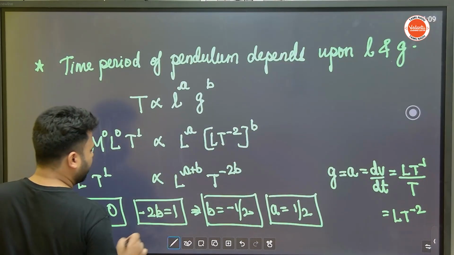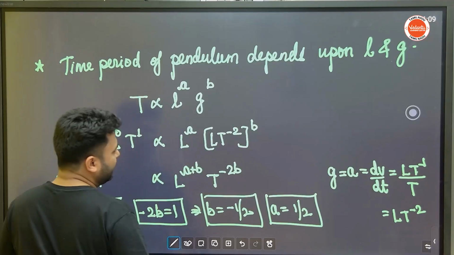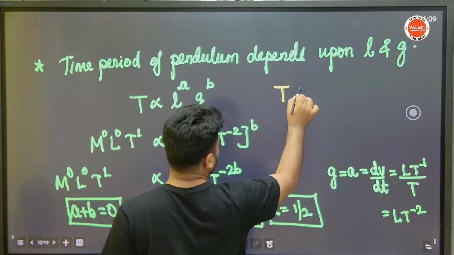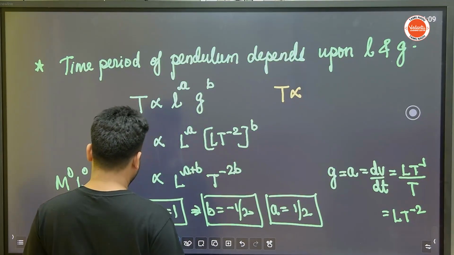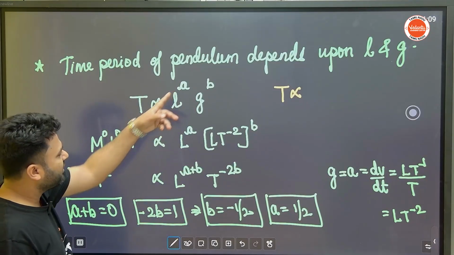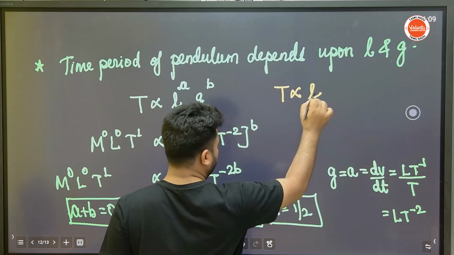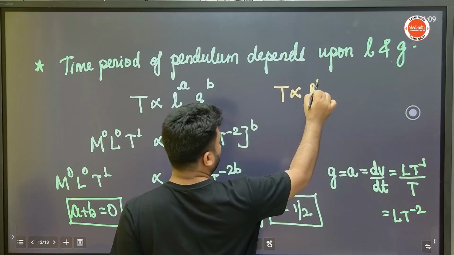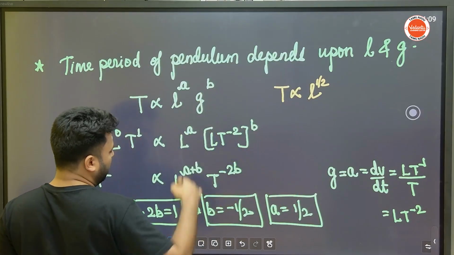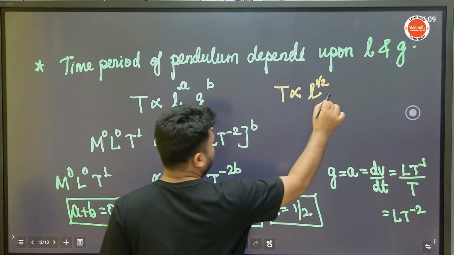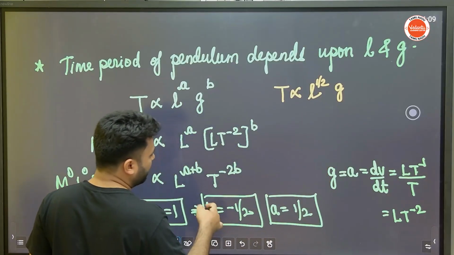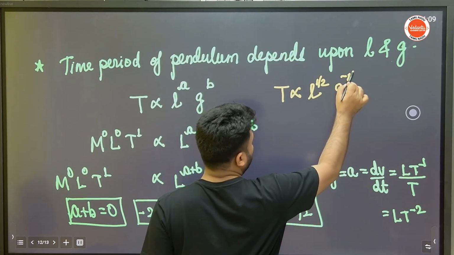Finally we can write time period is directly proportional to L to the power a, and we have got a as 1 by 2. G to the power b, and we have got b as minus 1 by 2.